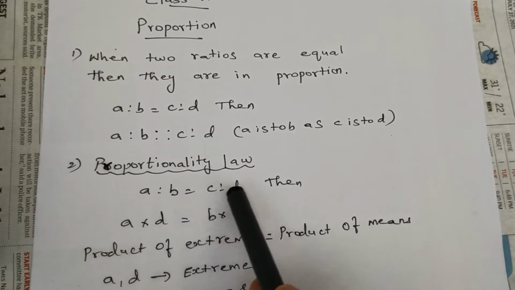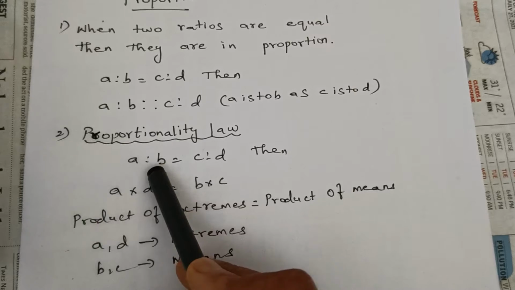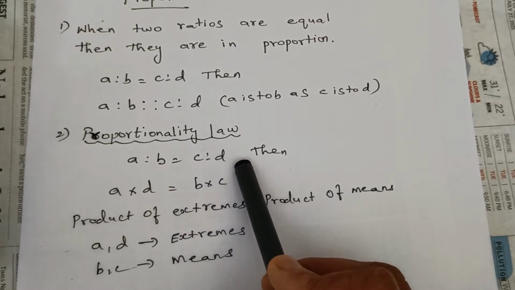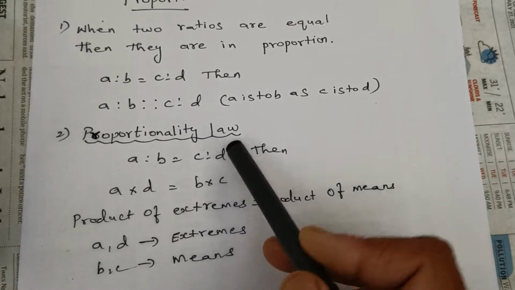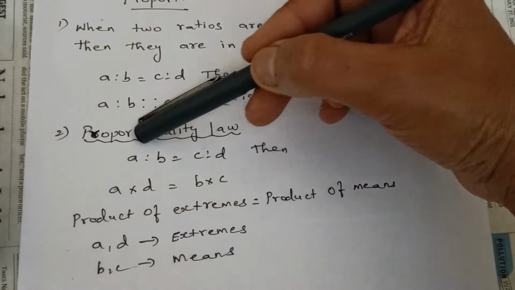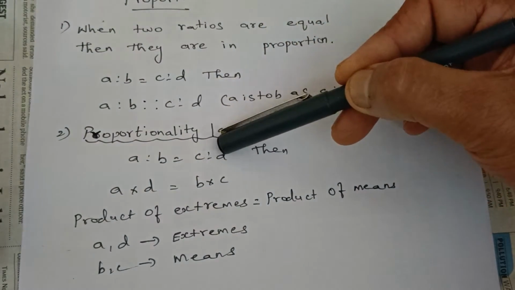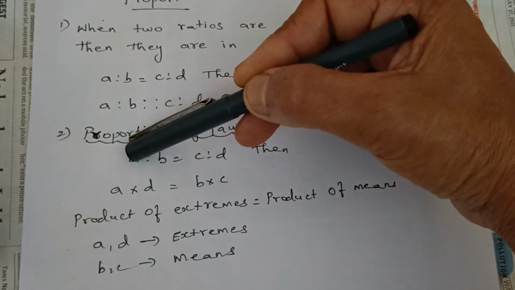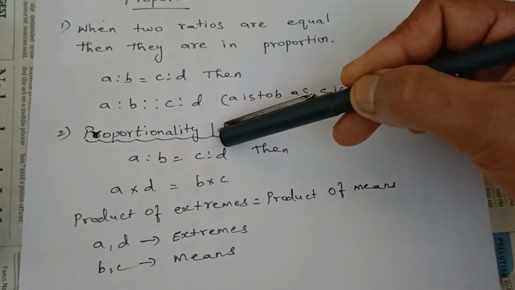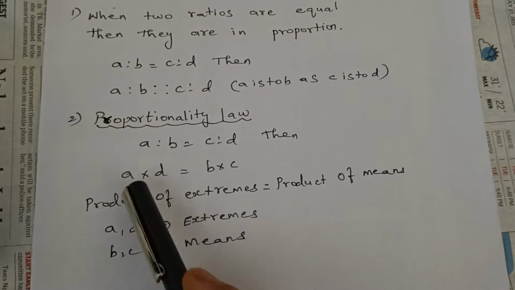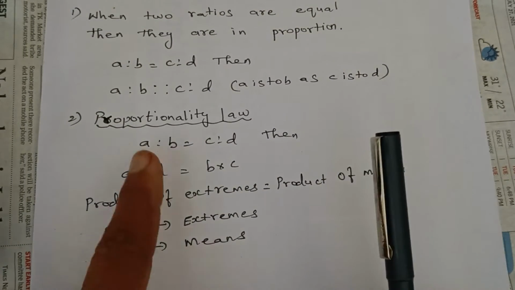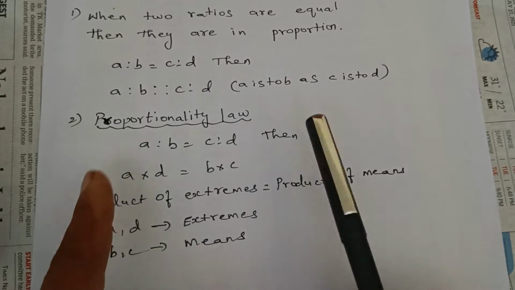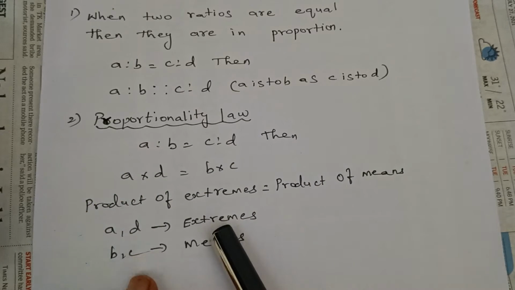If A is to B is equal to C is to D, if they are in proportion, then A into D is the product of the first term and last term. They are called extremes because they are the two corners. A is in the left corner, D is in the right corner. That is the meaning of extremes.